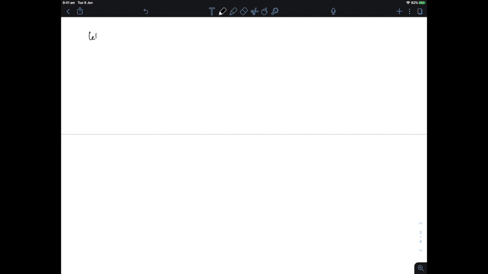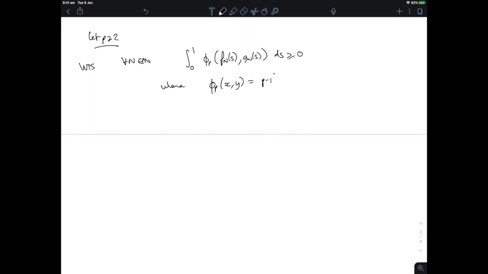Okay, so we have a P greater than 2 now, and what we need to show is that for all n in N, the integral from 0 to 1 of, if I reorganize things a little bit, phi p of fn, gn ds is non-negative, where phi p, what I want for my inequality, is phi p equal p minus 1 raised to the p times x to the p minus y to the p.